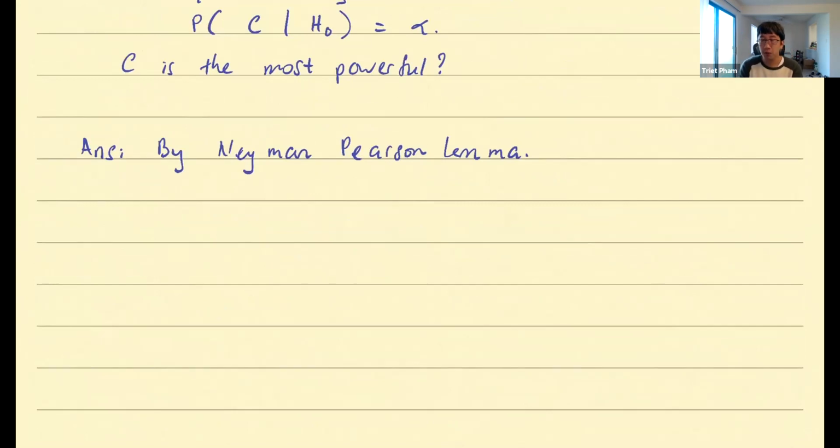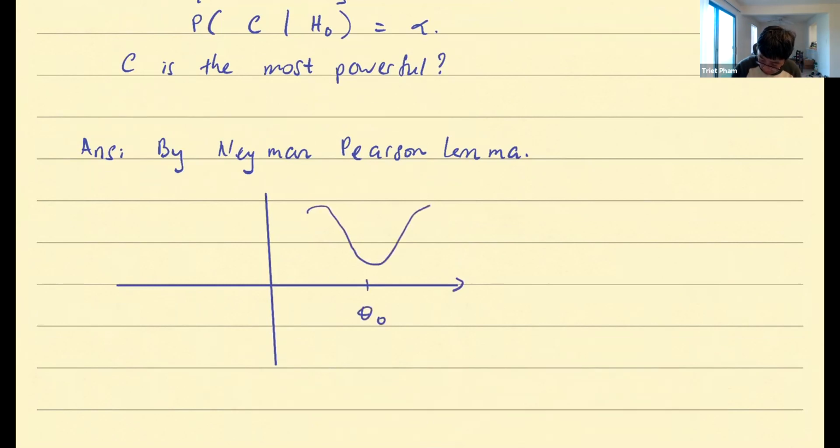Basically, if you remember from our discussion of the power function from last time, if the hypothesis is composite, we have this power function, with theta naught here, and we can have a power function that looks like this, and another that looks like this.